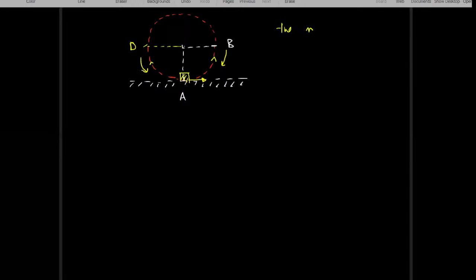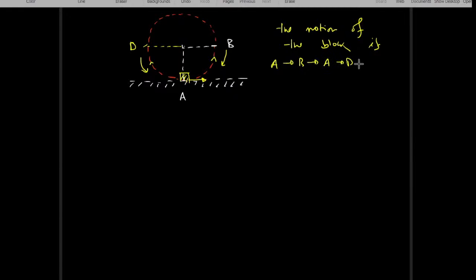So the motion of the block is how? A, then to B, then to A, then to D, then to A, continuing. Correct, only for understanding.